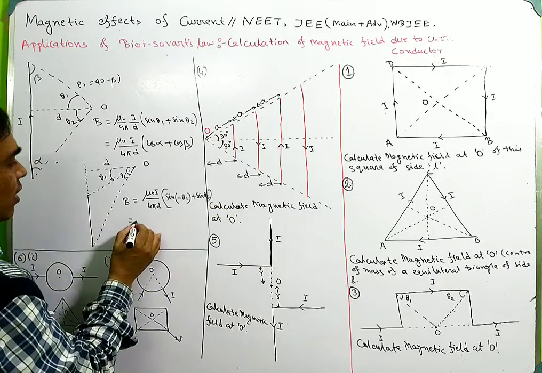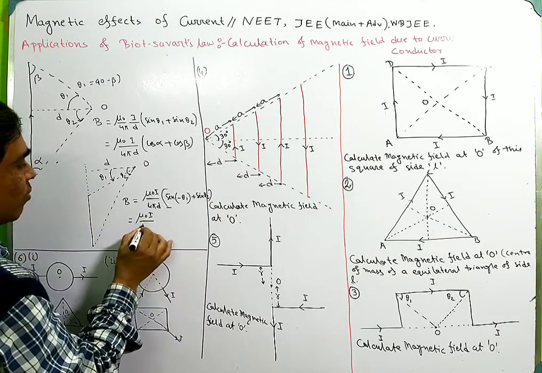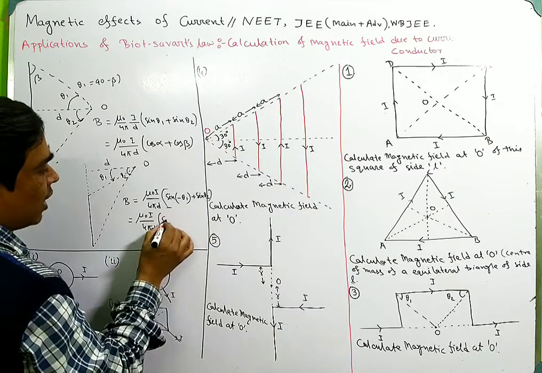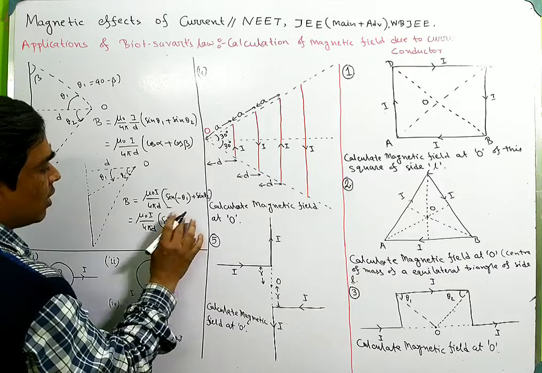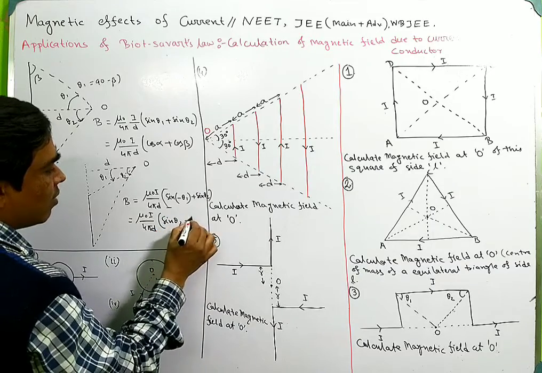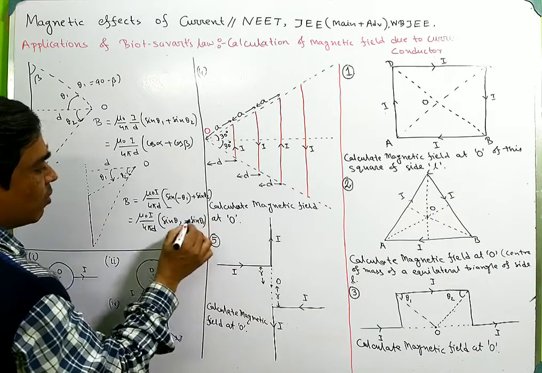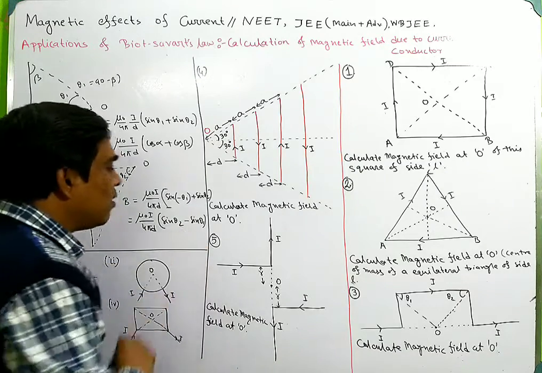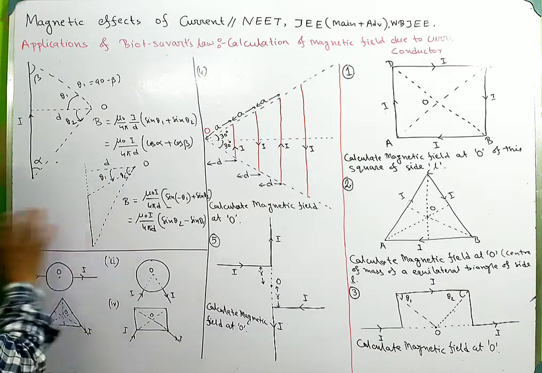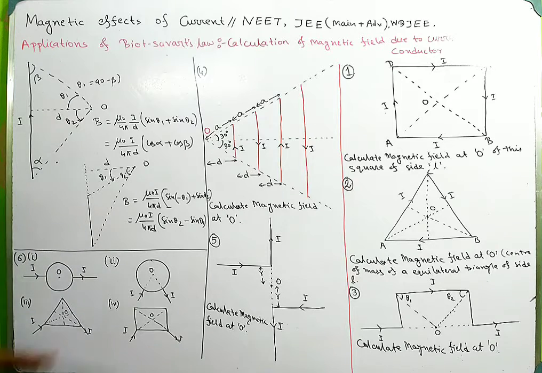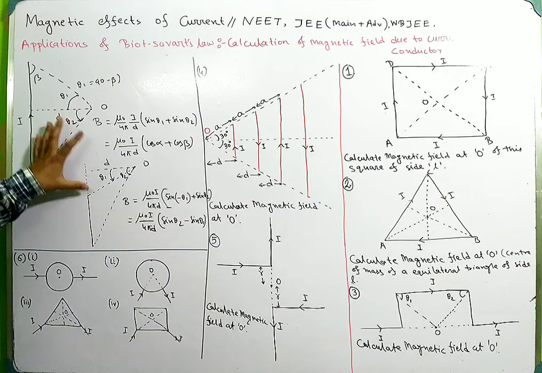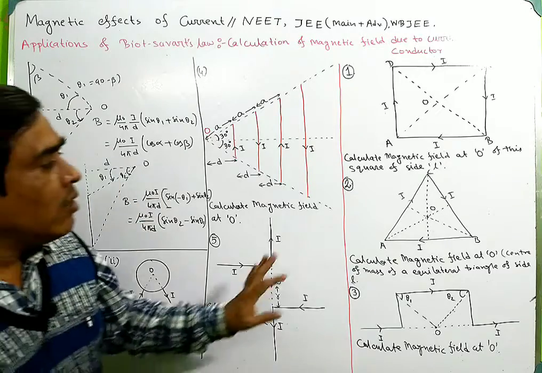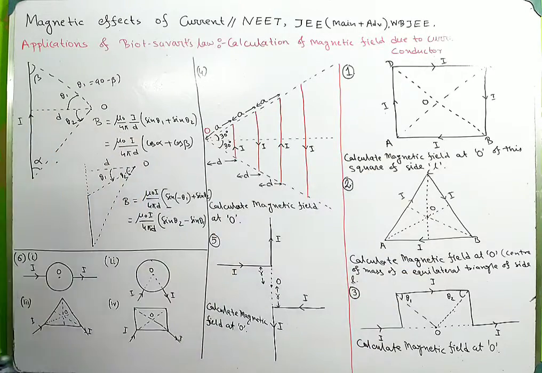So it will be mu 0 I by 4 pi d into sine theta 2 minus sine theta 1, because sine of minus theta equals minus sine theta. So these two forms are very important to calculate the magnetic field in various cases.